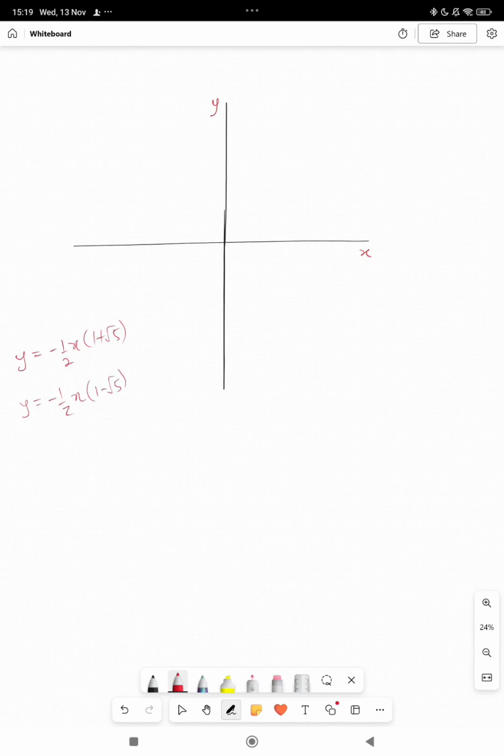So we need to plot these two equations of a line. Let's label them 1 and 2 respectively.